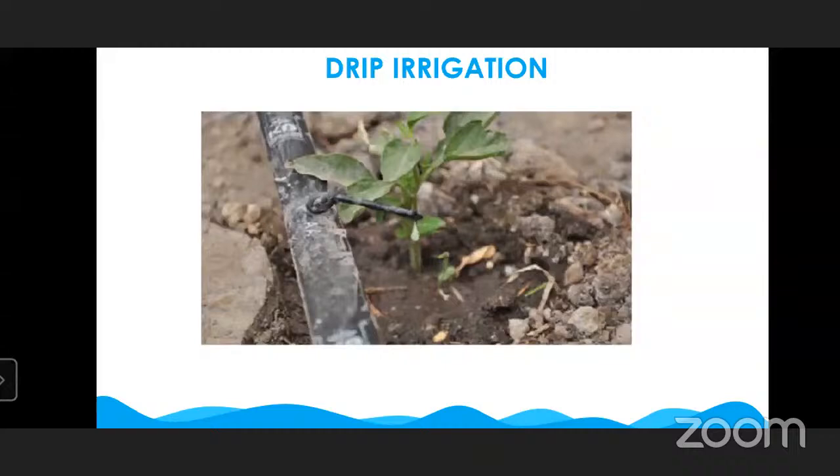This irrigation has the potential to save water and nutrients by allowing water to drip slowly to the roots of plants, either from above the soil surface or buried below the surface.